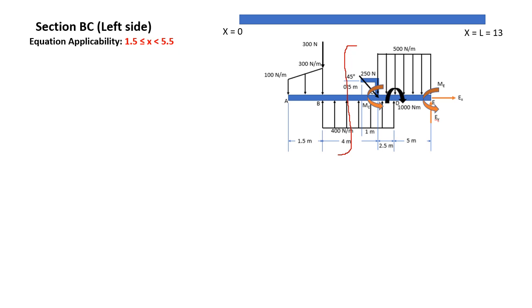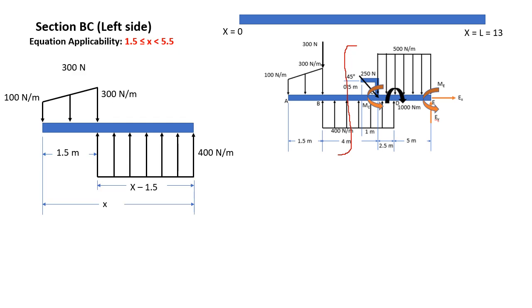Again, x is equal to 0 being the leftmost end, and x is equal to 13 being the rightmost end. So if that would be our applicability, 1.5 to 5.5, then we have to label the whole length of the section as x. Okay? And of course, our trapezoid now is full.